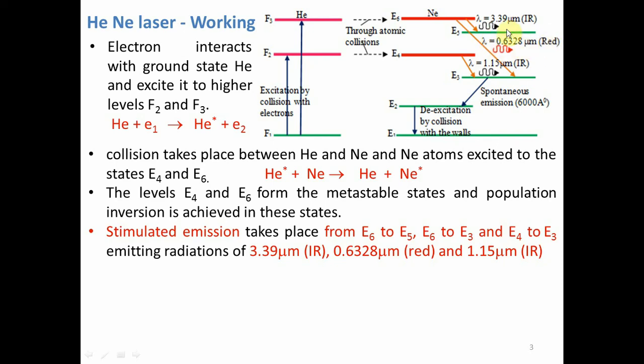This is the prominent line of this laser. The third stimulated emission takes place from E4 to E3, which emits a laser light of wavelength 1.15 micrometer, which is also in infrared region. That is, here three types of laser beam are emitted.